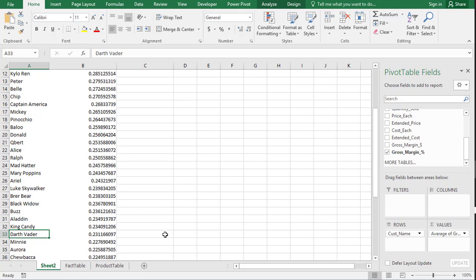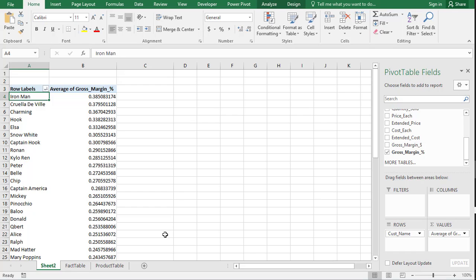Darth Vader's way down here. So again, not only is he further down, but percentages don't pay bills. Okay, always remember that. When you have an expense to pay, a percent is just a measurement. It isn't an actual dollar value. So you have to be careful with that stuff. So that's just my little advice on how you identify top.